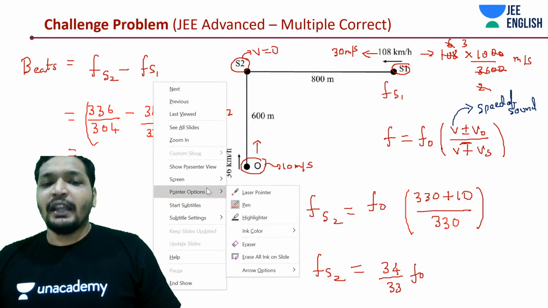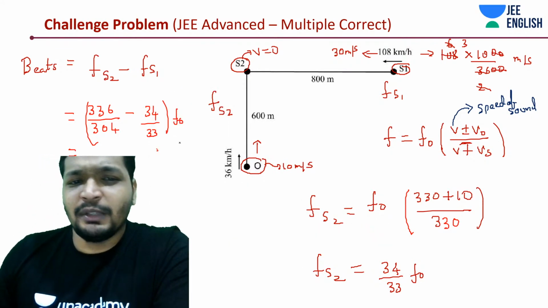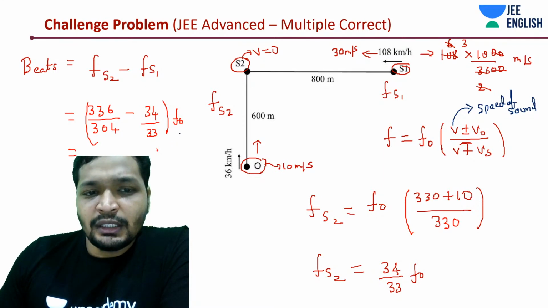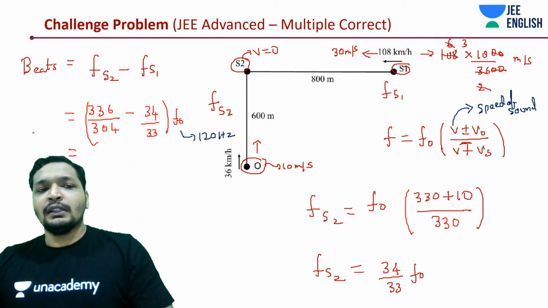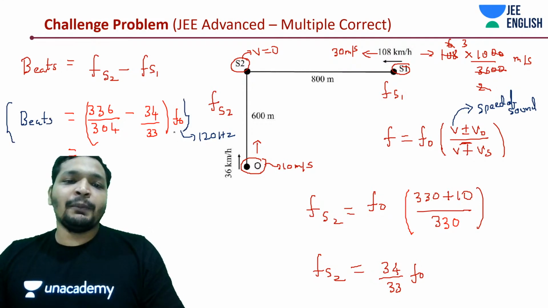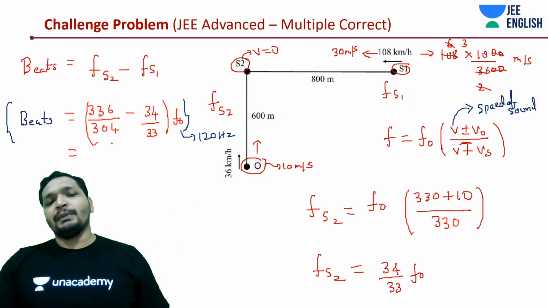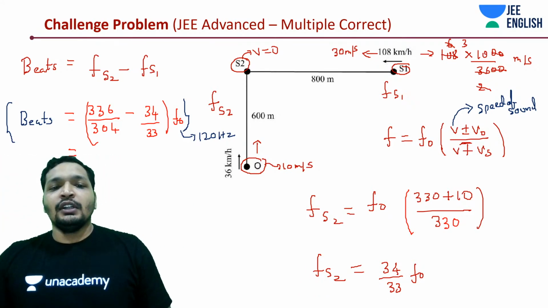It should come to 8.12 or something like that. This is going to be 120 hertz. You're going to substitute this as 120. Okay, simple. This is how you need to do it. This could have been more calculation friendly, but yeah. The problem was conceptually simple, but not at all calculation friendly.